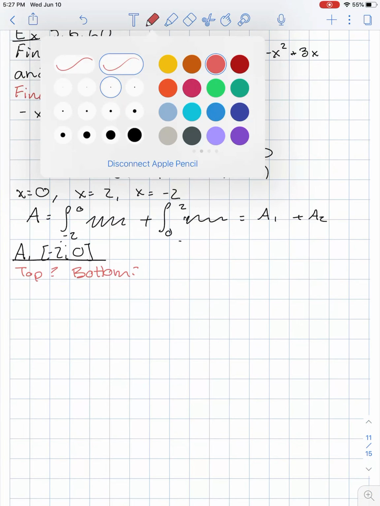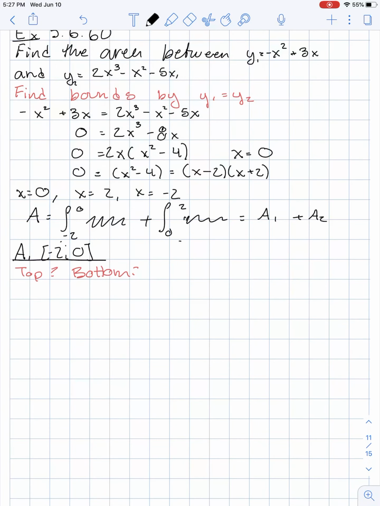A fun number to plug in between -2 and 0 is -1. So y1 at -1. That's going to be -1 squared plus 3 times -1. So that'll be -1 minus 3, which is -4.